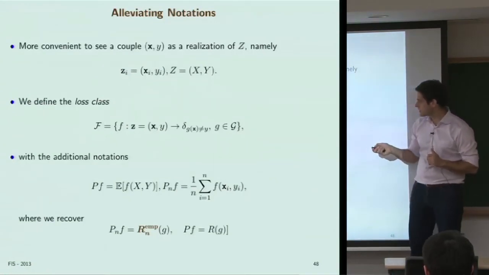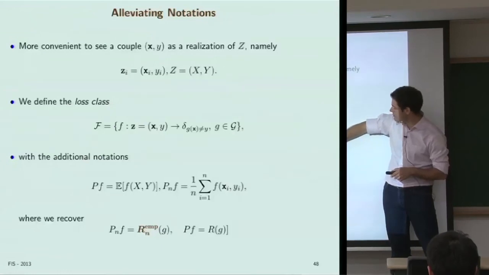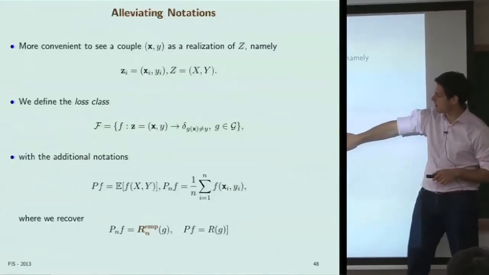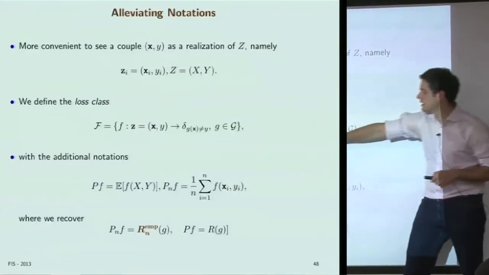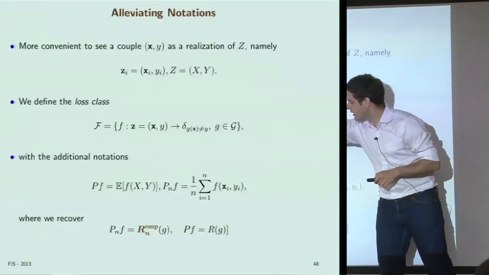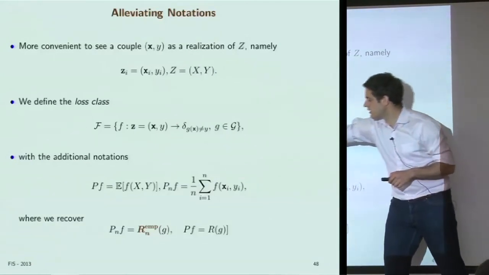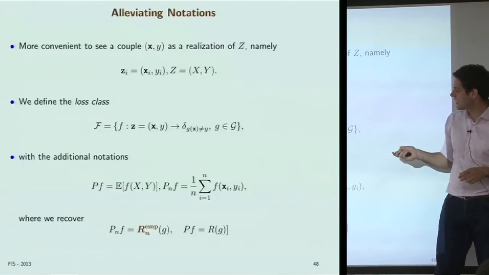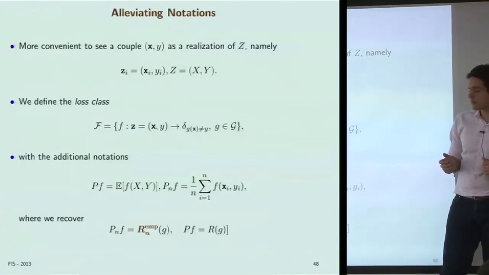Okay? So if you take all possible functions g, this defines a set of functions f, which are valued on z, which take as input z, and as output just 1 or 0.